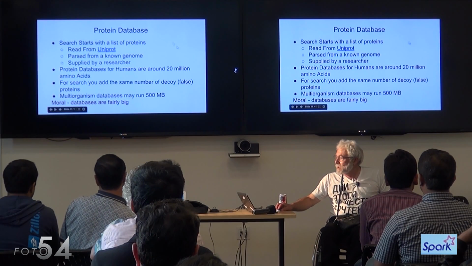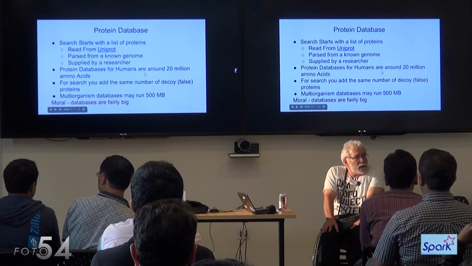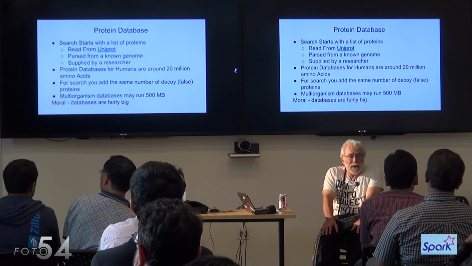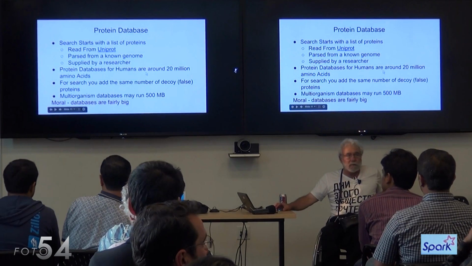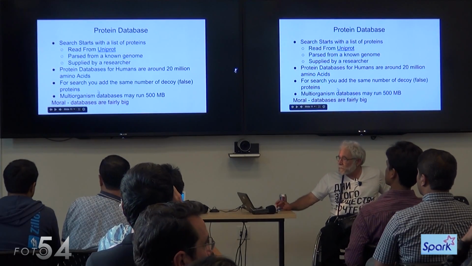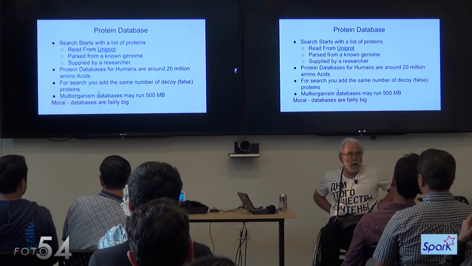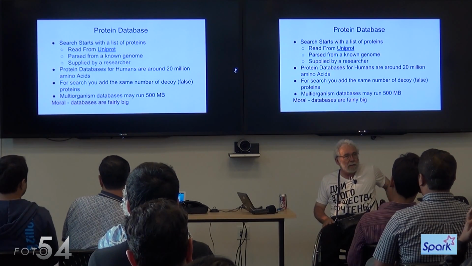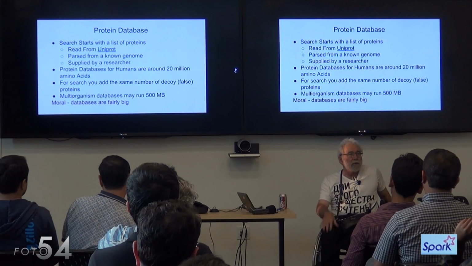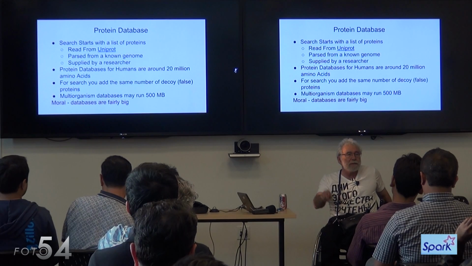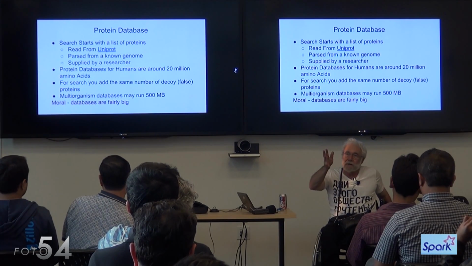But in any case, the kinds of numbers you're dealing with, the human protein database is about 20,000 proteins, about 20 million amino acids. In general, in search, you are going to roughly double the size of the database, because for every real protein, you add a protein which isn't in the database, because if you find that, that's telling you that this is just a random find.